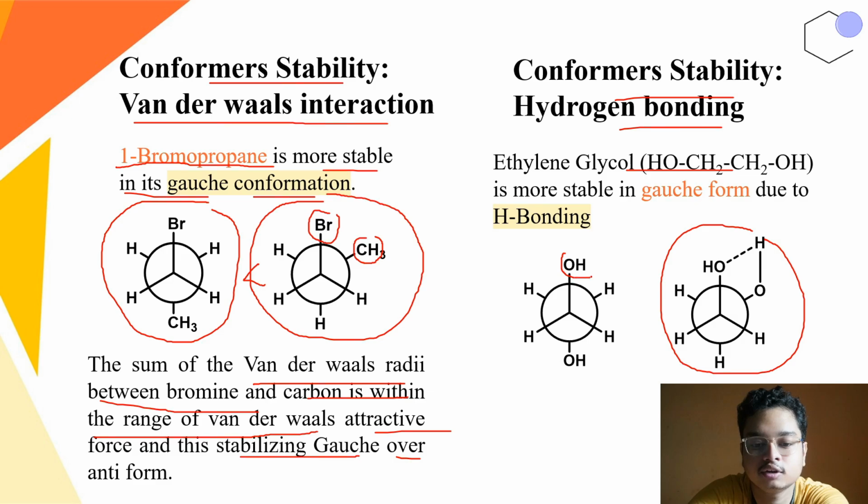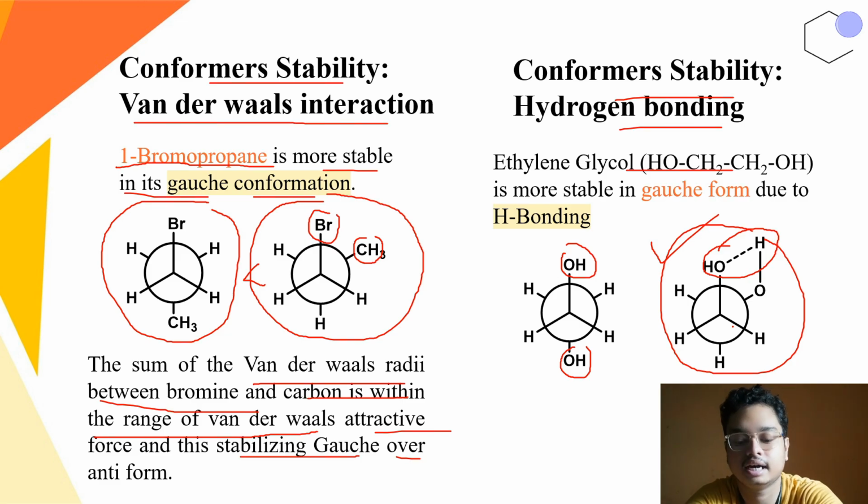In the anti-conformer, although this particular form is stable, there is no additional hydrogen bonding possibility. But in the gauche conformer, the hydrogen bonding is present, and due to this hydrogen bonding, the gauche conformer gets extra stability over the anti-conformer. So whenever there is a chance of hydrogen bonding, you must consider that the gauche conformer might be stable over the anti-conformer. Okay.